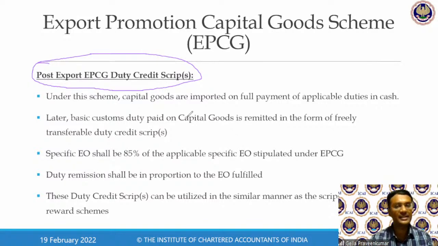Now, this particular scheme says that where goods are imported on full payment of duty, you make an application to the consent RA where you show the export obligation met, and on the basis of the customs duty you have paid, I will give you 85% of the applicable export obligation as a duty scrip. And this duty scrip can be used as a reward scheme.